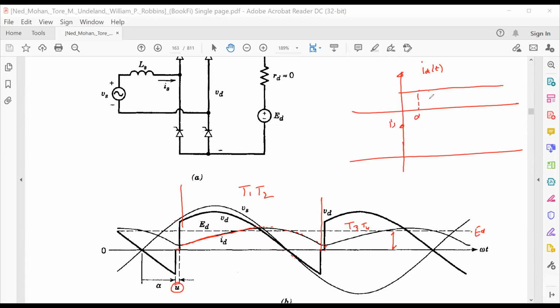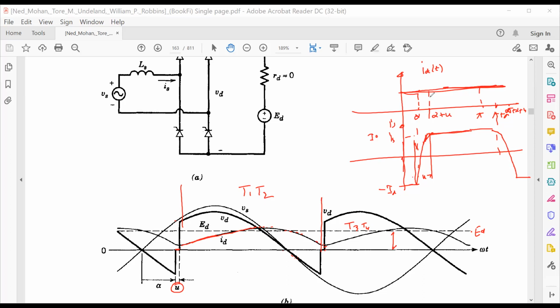If it is alpha, if it is alpha plus u, and if it is pi, pi plus alpha, and pi plus alpha plus u, then we have already seen that the current was negative, and then the current went to this IS current I am talking about. Then positive, then it continues like this up to pi plus alpha, then it falls down to this, right? So this is your Q. We have taken this as minus ID and this as plus ID. But this current is always constant, right?